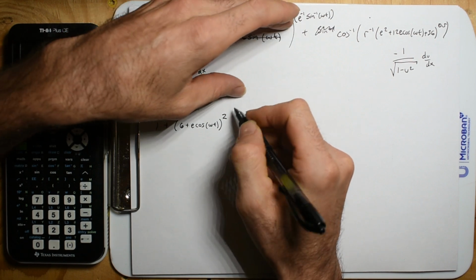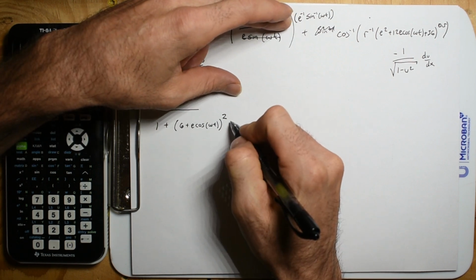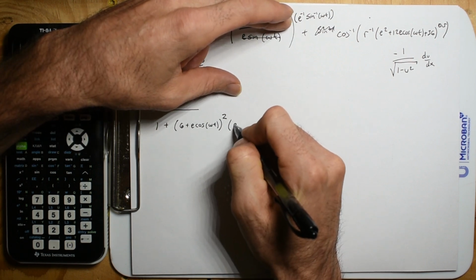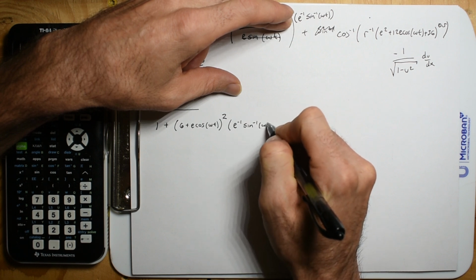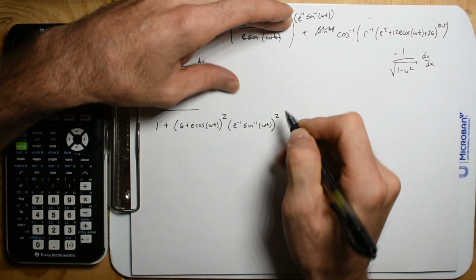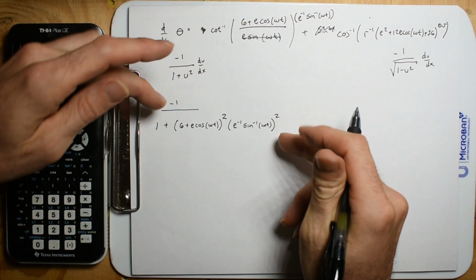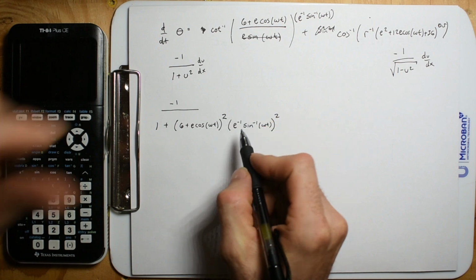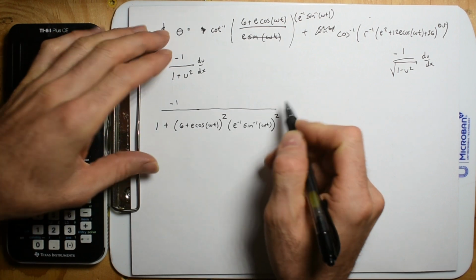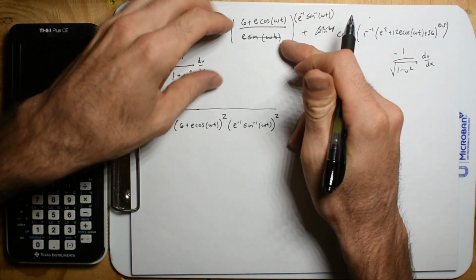And then we're going to have e to the -1 sine to the -1 omega t, and that gets squared. So basically just the inside gets squared. All right, we did it. And now we got to take the derivative of the inside.